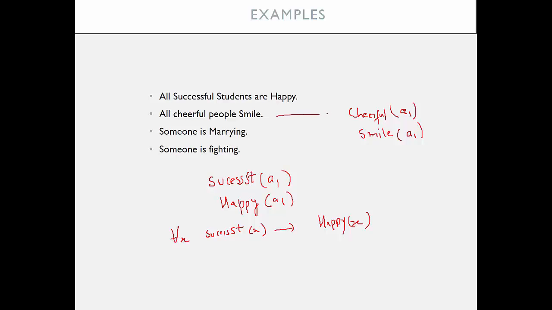So we're solving basically this problem, in the statement all cheerful people smile. We're going to represent it with a universal quantifier, which is for all x, if he is a cheerful person, then he is going to smile.